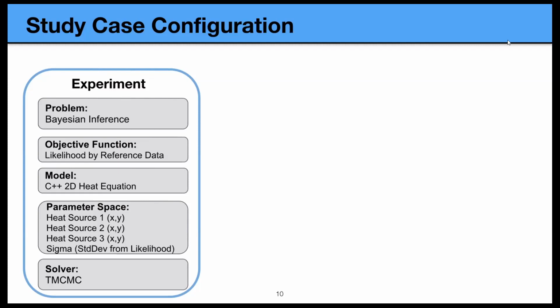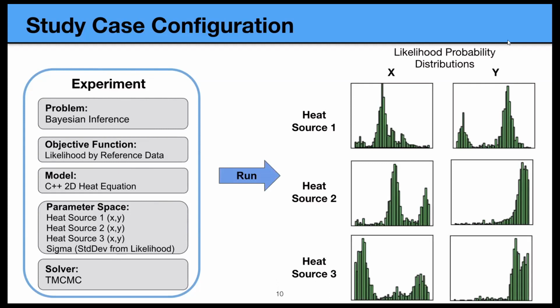And then we use TMCMC to sample the distribution of all of them, all 7 variables. We expect to run this and get an impression of what's the most probable distribution for all of these sources or all of these coordinates plus sigma, right?